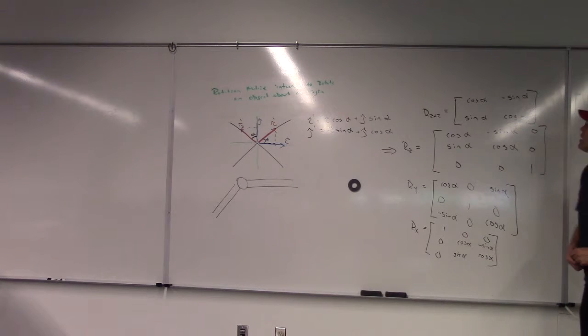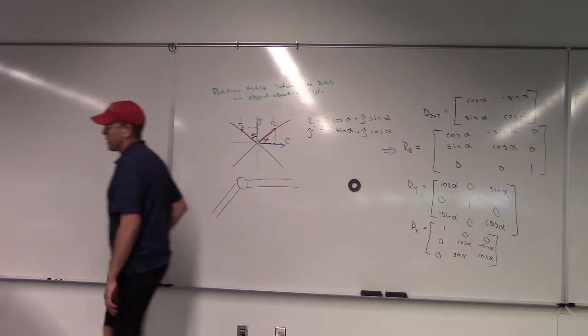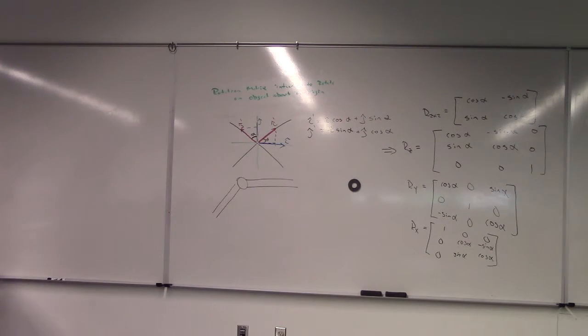Good? All right, so where we're going to go next week is we're going to spend a day digging into this deeper, merging the translation transformations with the rotation transformations, and then actually start looking at some examples of how we can look at different rotations and translations on the robot.